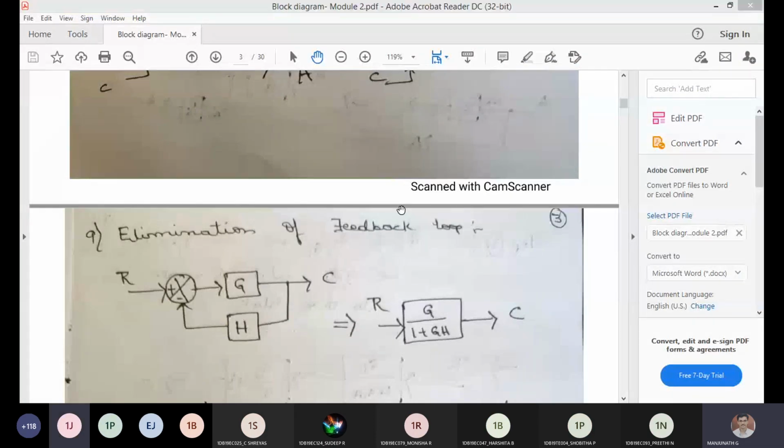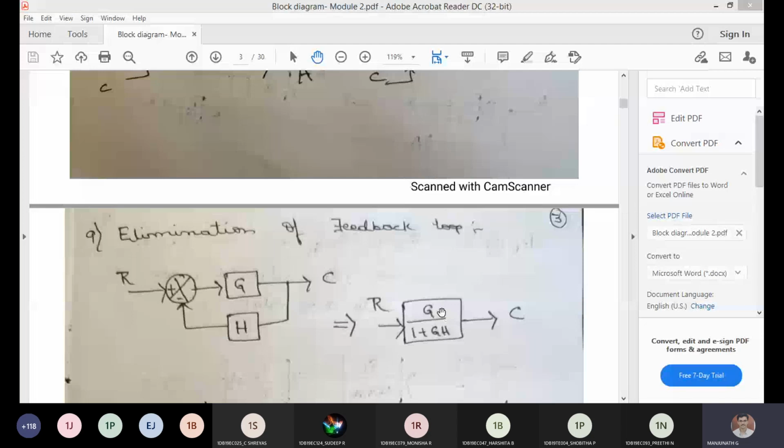Yes, sir. Okay. So the last set we have to know before the critical rules. The 9th rule, the last one, says elimination of feedback loop. See, whenever you see a block in parallel with H, this H is called a feedback loop. If we connect any summing point to this scenario, I can reduce it to a single block with this formula.